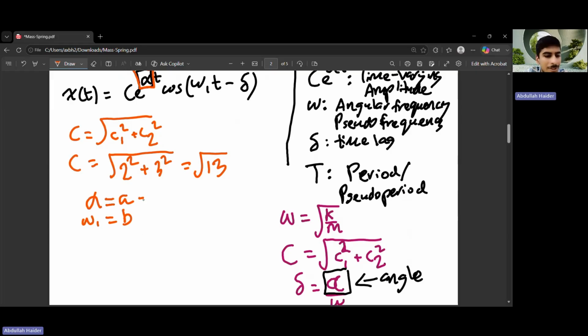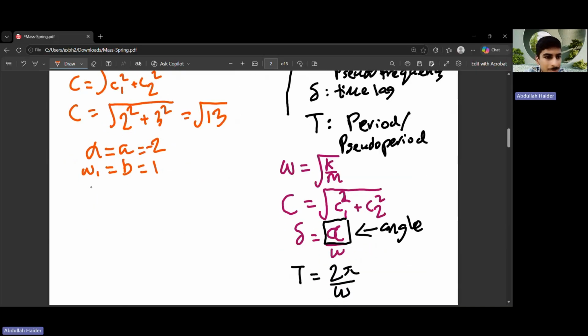The omega will always be the imaginary part of the complex root. So in the previous question we had A is equal to -2, B was equal to 1. So we have our omega. In this equation, the only thing we're left with is the time lag. So the time lag, delta, is equal to alpha over omega.